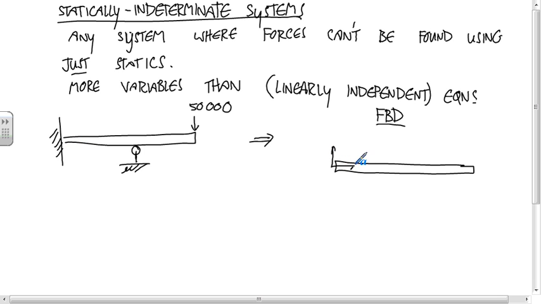There's a force vector and a couple. And what are the loads applied by a roller? Yep. So that's going to be this way. Call that RB. So we have 1, 2, 3, 4 variables. We know that in 2 dimensions, Newton's laws give us 3 useful equations. And so we have 4 variables, 3 equations, and we can't solve it.